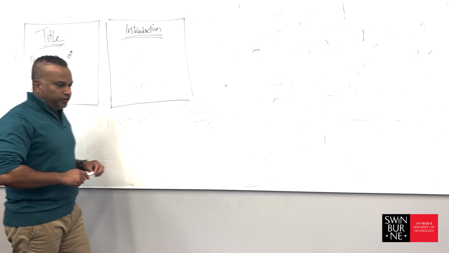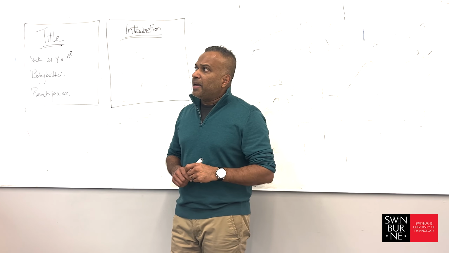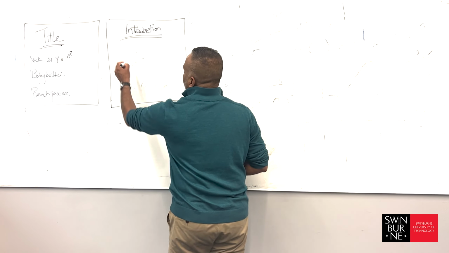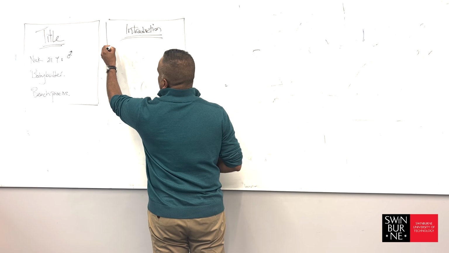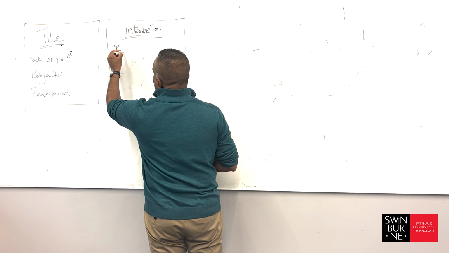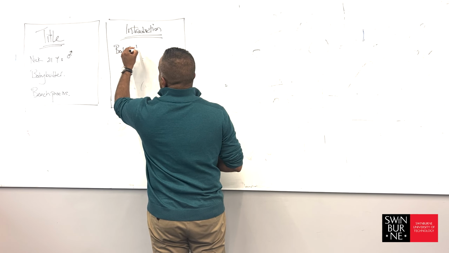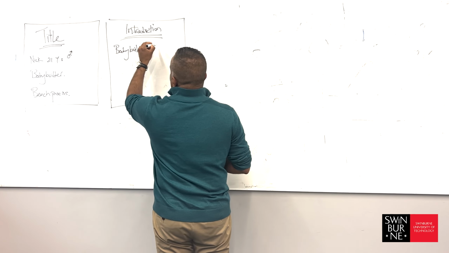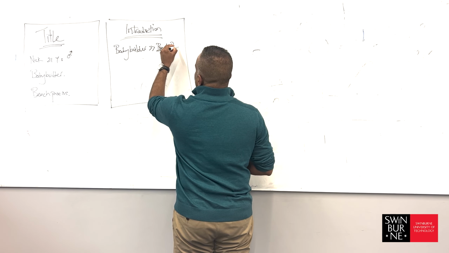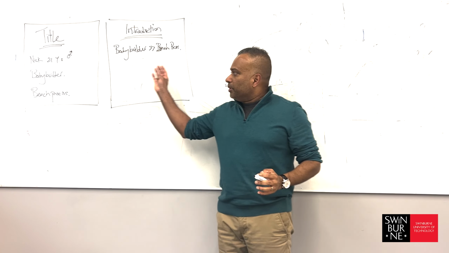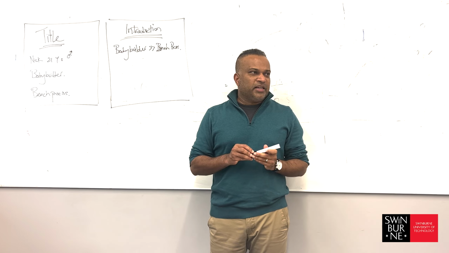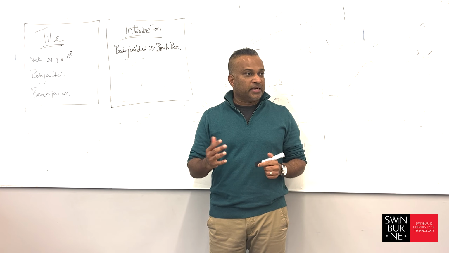So in the introduction, you're talking about him as a bodybuilder, and his main issues. So bodybuilder, bench press, and we want to delve into that a little bit more, saying what his major problems are and what his aims are going to be.